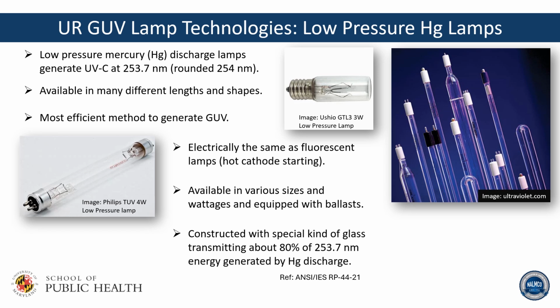And electrically, they're the same as a fluorescent lamp. They're available in various sizes, wattages, and they are equipped with ballasts. They are constructed with a special kind of glass that allows transmission of approximately 80% of the 253.7 nanometer energy, which is generated by mercury discharge.